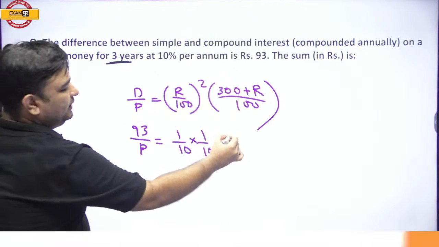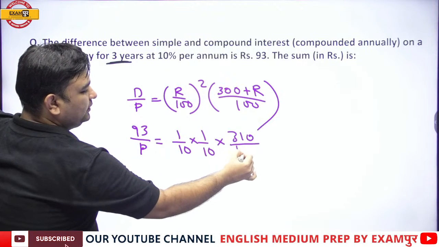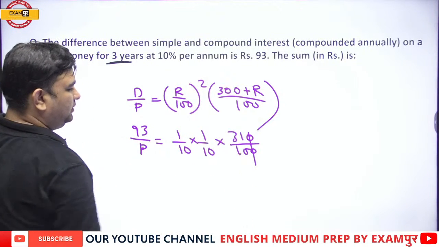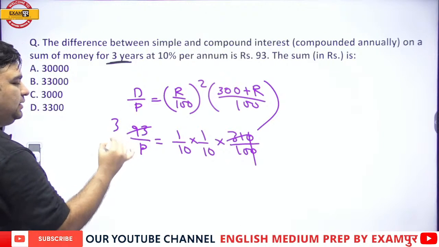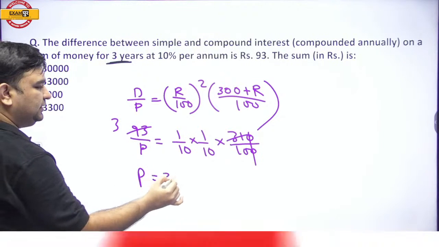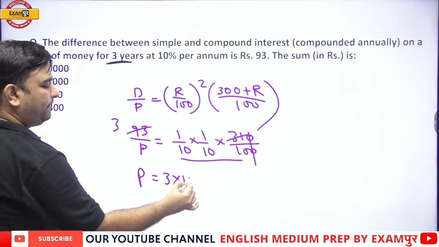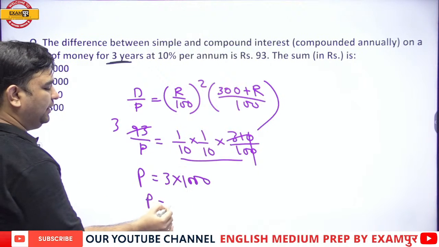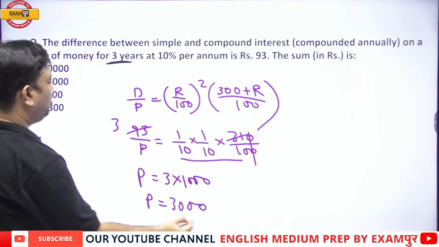So 310 divided by 100, it's 3 times. So the principal is 3 into 1,000. Believe me, Hemant, all are the same.